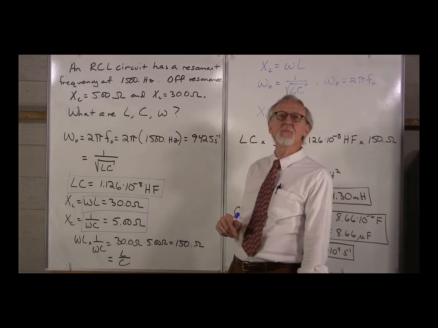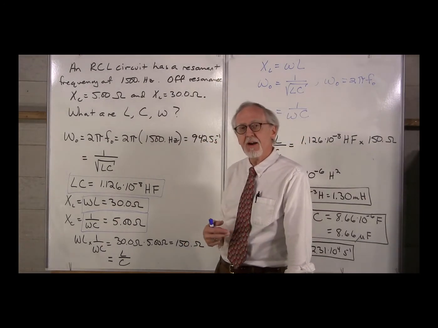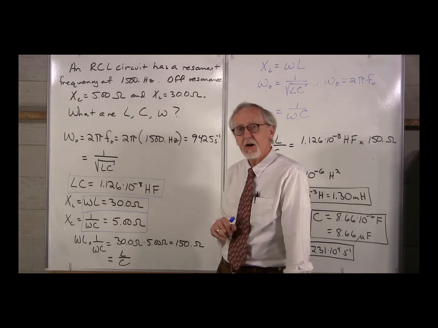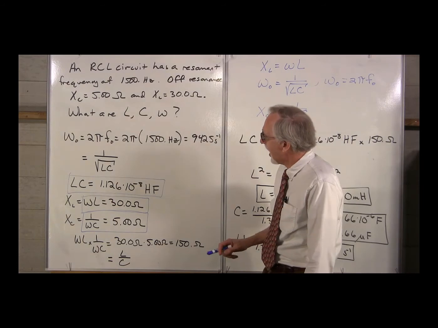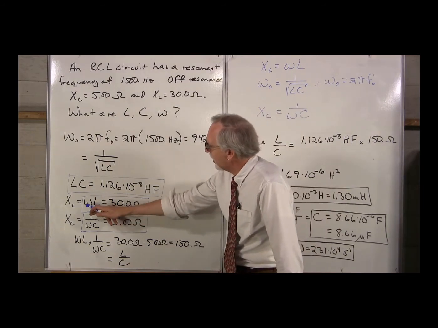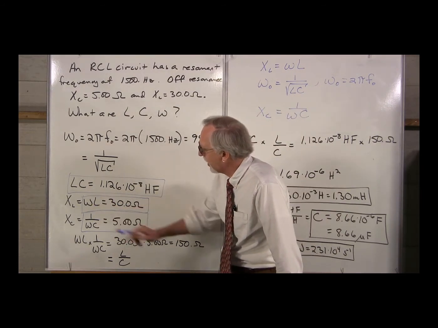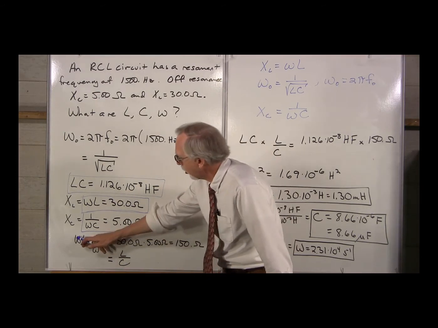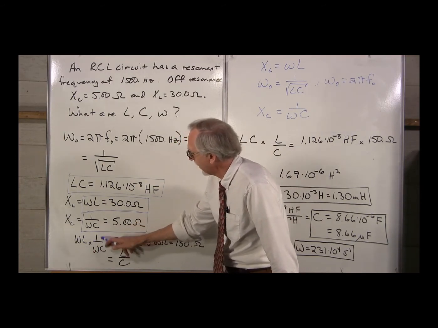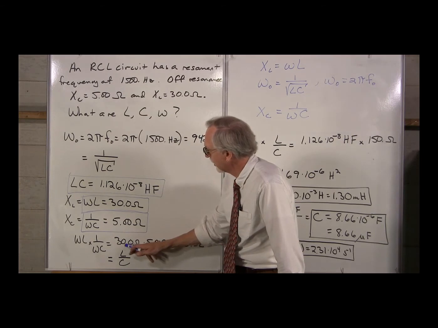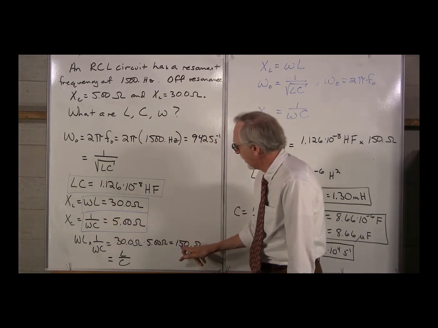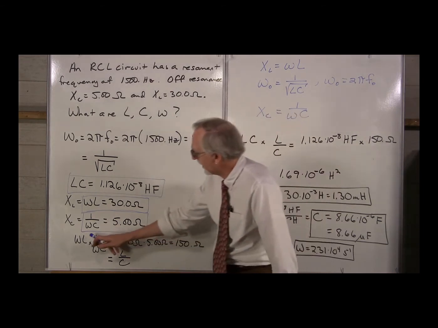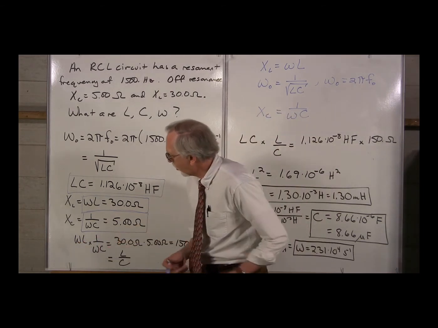What we have to do is just manipulate them to try and figure out how can we get each one all by itself. Well, there are different ways you can do that. The way I did it was I took omega L and multiplied by 1 over omega C. Omega L is 30 ohms, and 1 over omega C is 5 ohms. I multiplied those and got 150 ohms. But what is omega L times 1 over omega C?